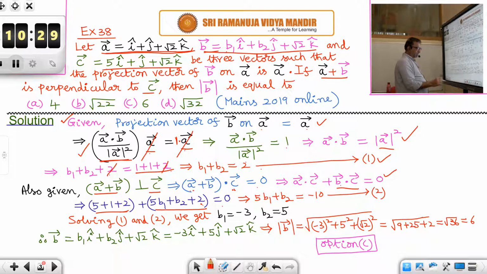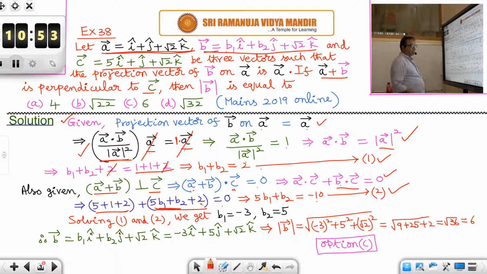So what happens here? 5b1 plus b2 is equal to, remaining constant is 10, is taken to the right side, so minus 10. Let us call this equation number 2. Equation number 1 is b1 plus b2 is equal to 2. Equation number 2 is 5b1 plus b2 is equal to minus 10.